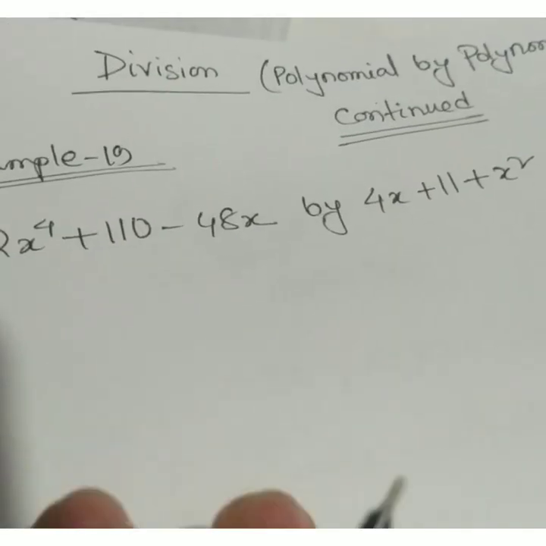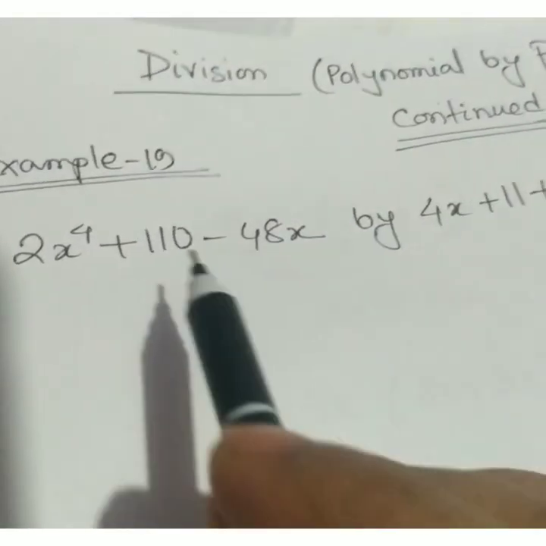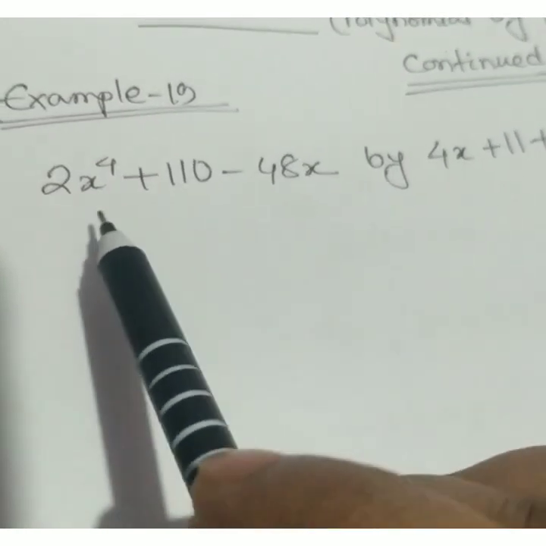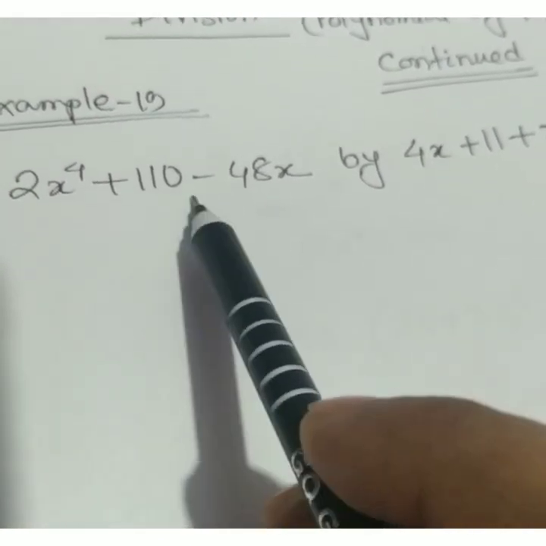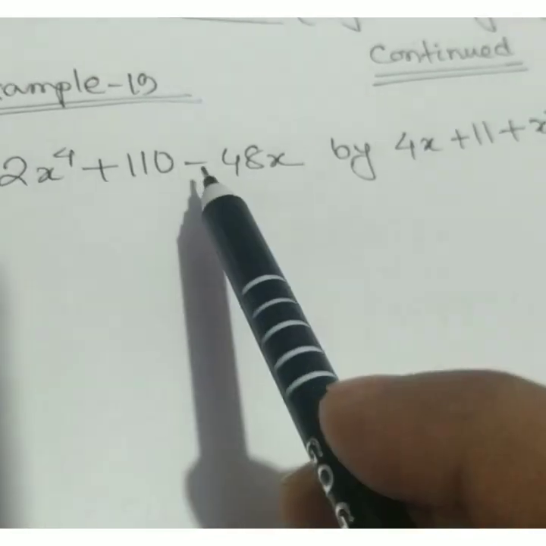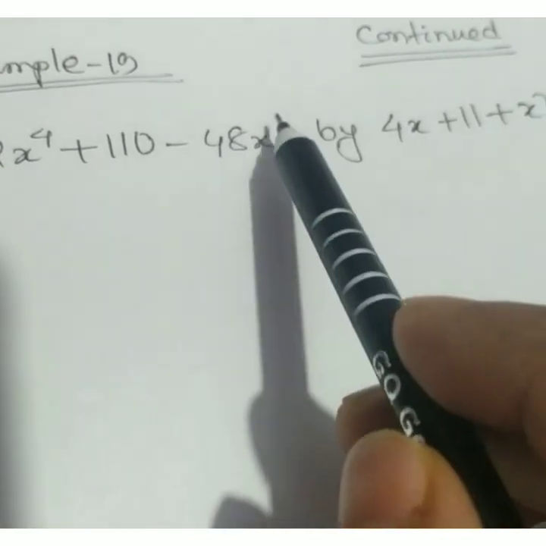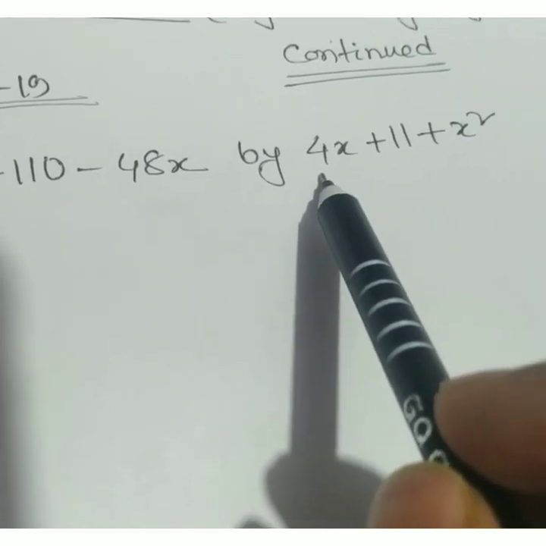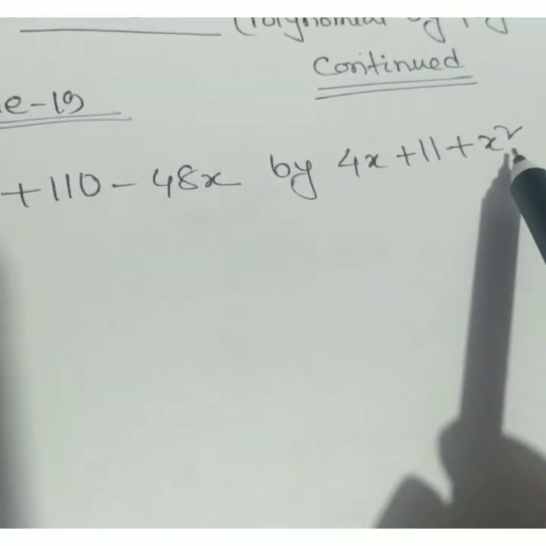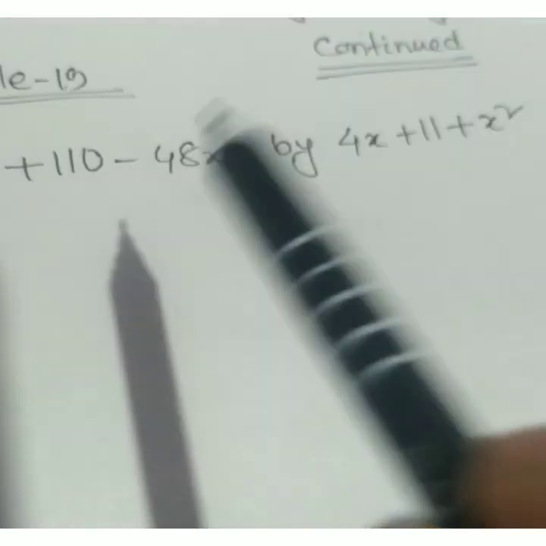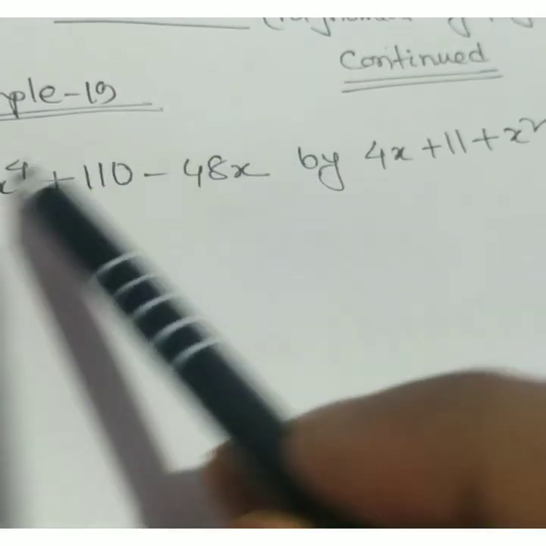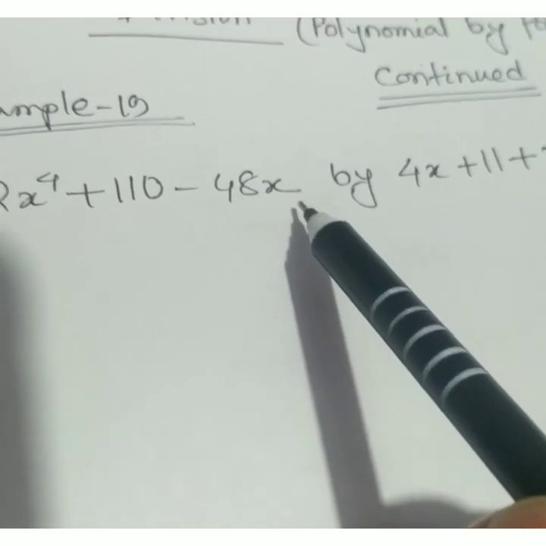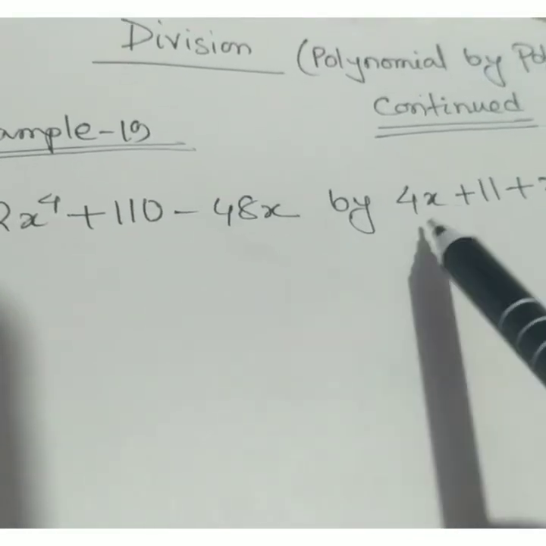Let's say I have a problem over here, which is example 19. I have to divide 2x to the power 4 plus 110 minus 48x by 4x plus 11 plus x square. If you notice carefully, these algebraic expressions are not arranged in descending powers of x.